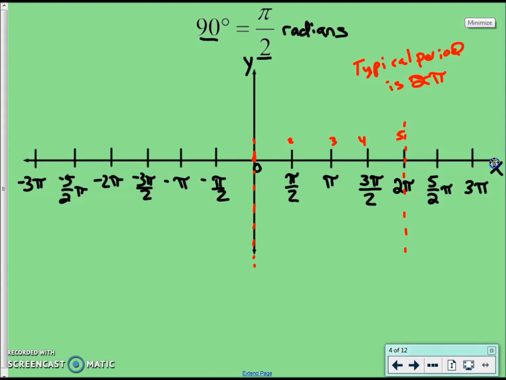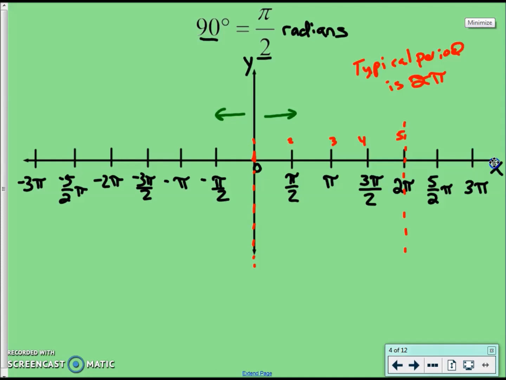Okay? Now, thinking about this way, anytime I shift my function by pi over 2 radians, I'm going to see this starting point move either this way or this way.